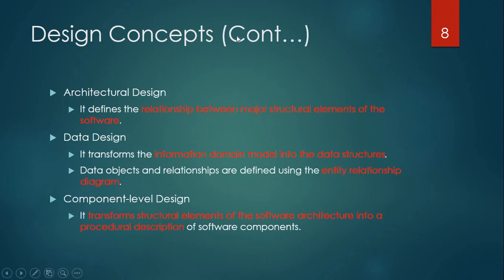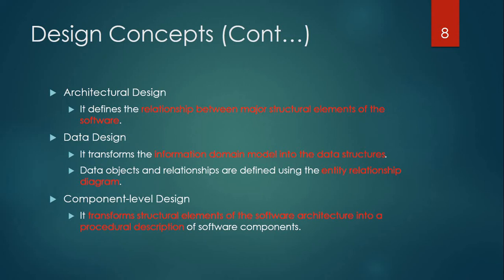What is architectural design? It identifies the relationship between major structural elements of the software. What is data design? It transforms the information domain model into data structures. Data objects or relationships are defined using entity relationship diagrams.